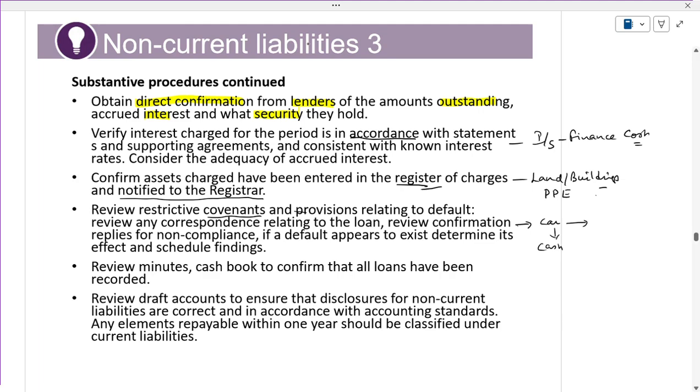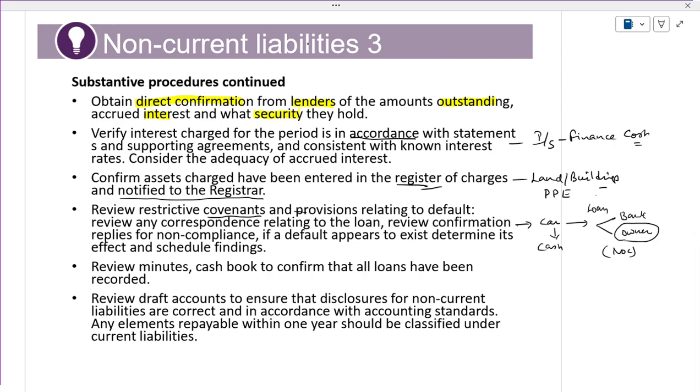If you are purchasing a car on a loan, the registration will be under two names: the name of the bank and the name of the owner. Once you have paid all the loan, the bank will give an NOC. Once you get the NOC, you can convert the asset into your own name.